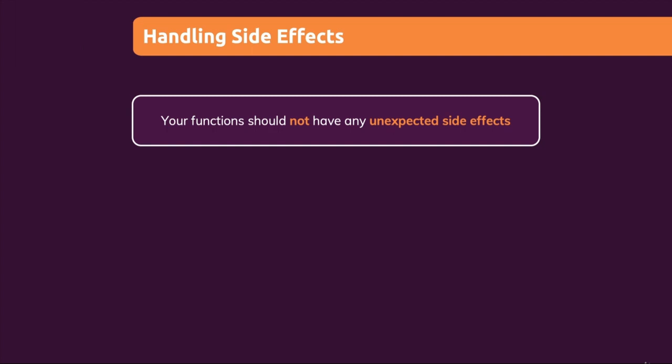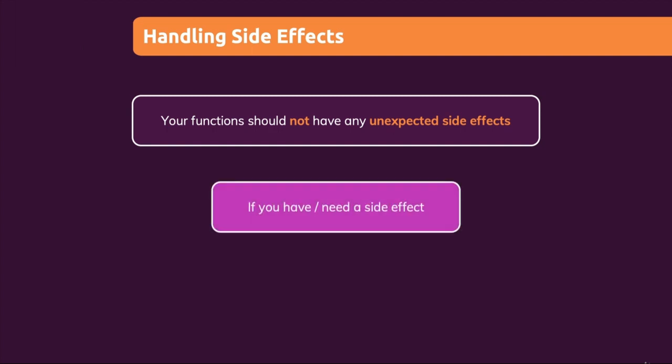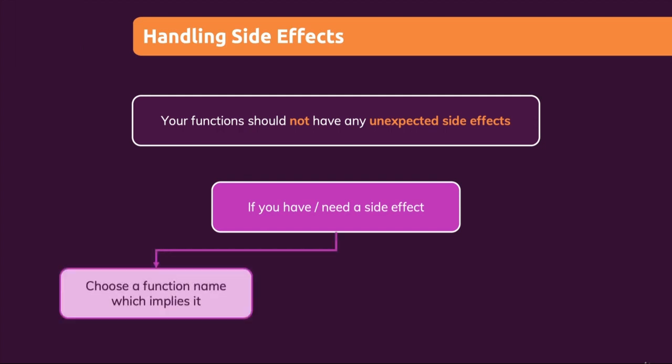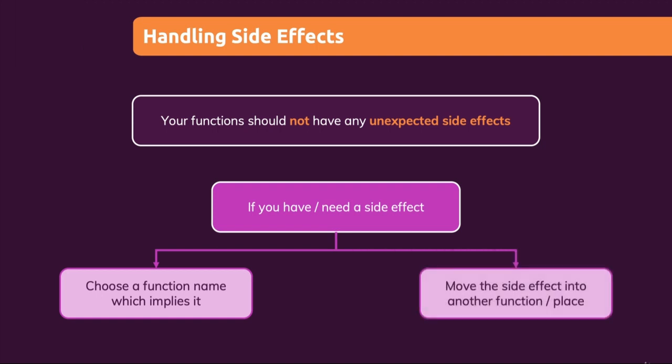And if you have a side effect, or if you need a side effect, you should therefore either choose a function name which implies that, then it's absolutely fine. Or you should move that side effect operation into a different function where it again is expected. This is important to ensure that you have clean code and clean functions, because it's definitely not clean code if your functions do something which is not expected.